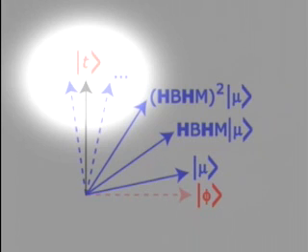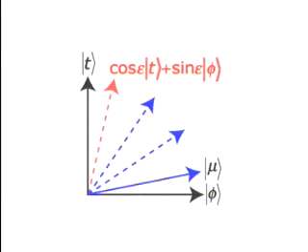Does that matter? It doesn't, because, well, suppose Grover's algorithm delivers a state cos epsilon times t plus sine epsilon times phi. Well, from the argument I've just given, we can expect epsilon to be less than about 1 over root n, which is very small.